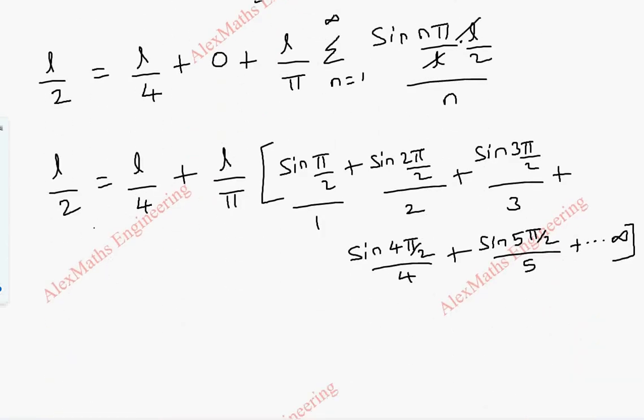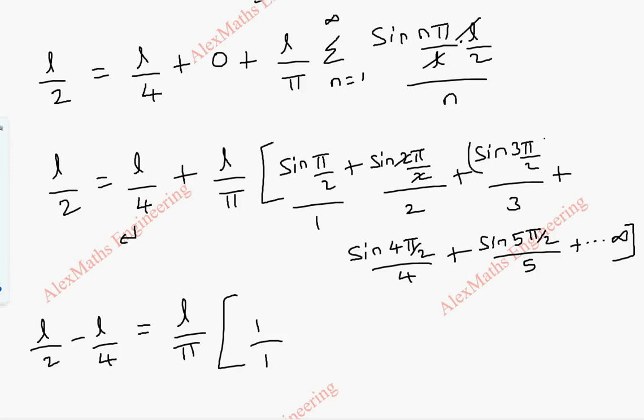Now we shall take this L by 4 to the other side. L by 2 minus L by 4 equal to L by pi. This is 1 by 1, and sine 2 pi by 2 gets cancelled, so sine pi, which is 0, sine 3 pi by 2, which is minus 1, so minus 1 by 3, then sine 2 pi, which is 0, then sine 5 pi by 2 will become 1, so 1 by 5.